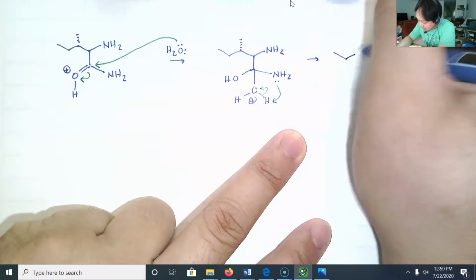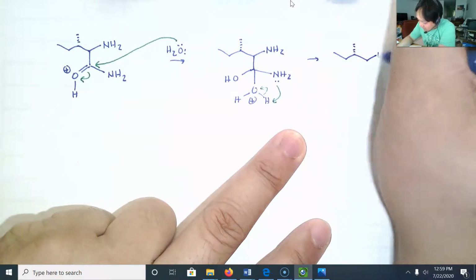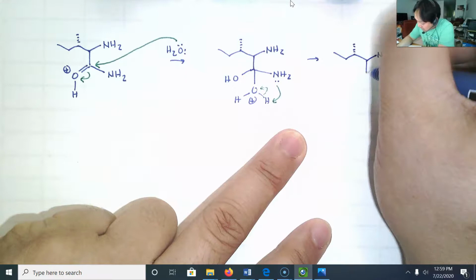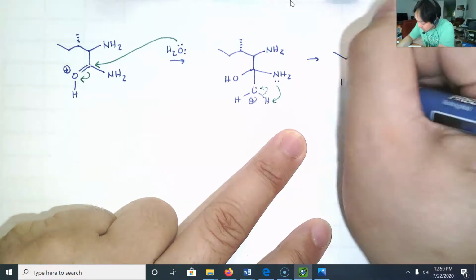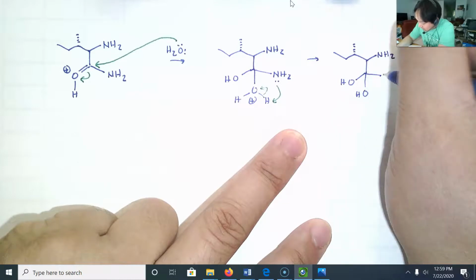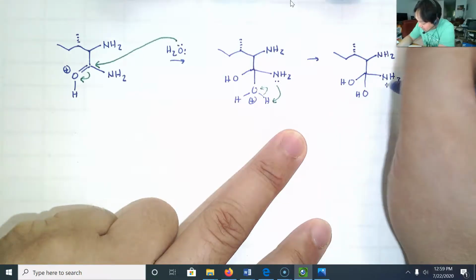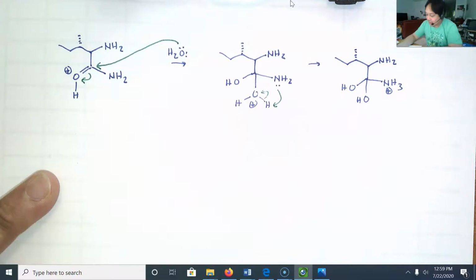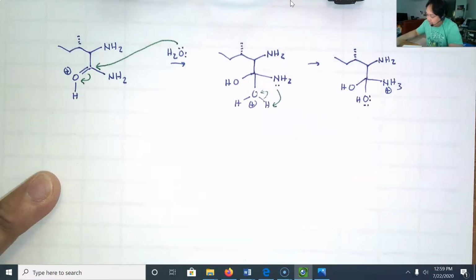Almost there. How do you think we're going to kick out this nitrogen? Again, internal lone pair.